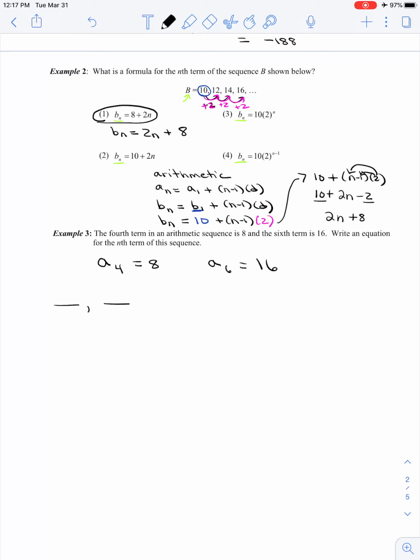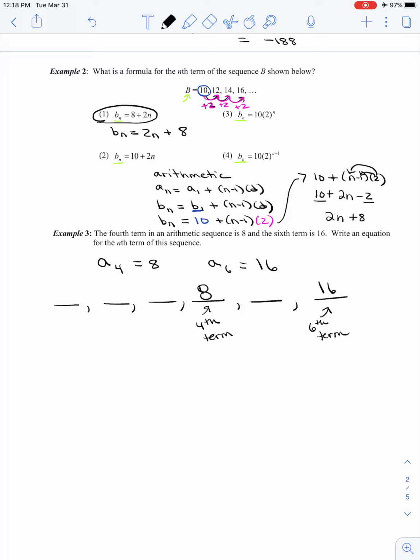So my first term, second term, third term. I know my fourth term is 8. This is my fourth term. And then I have my fifth term, and I know my sixth term is 16. Okay. So now I need to figure out the common difference.